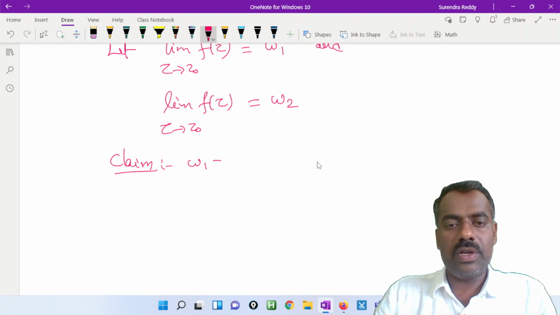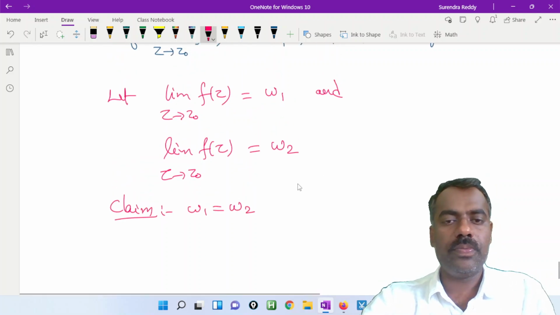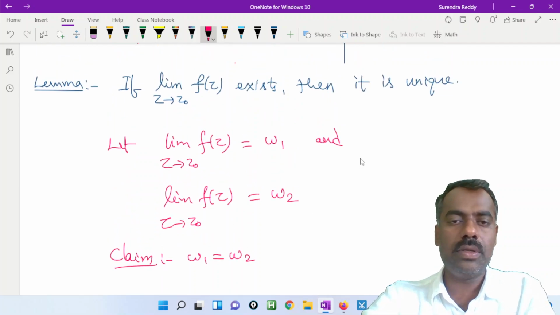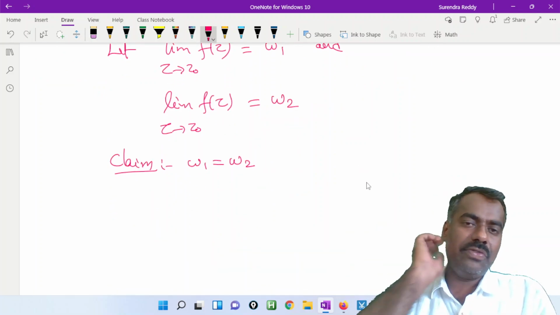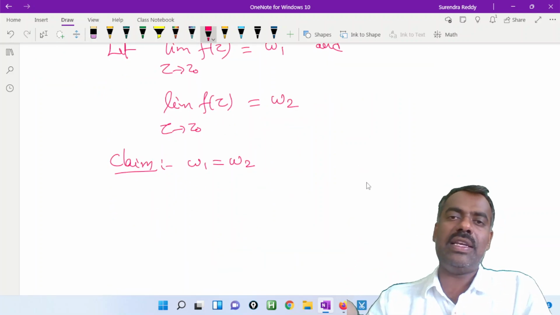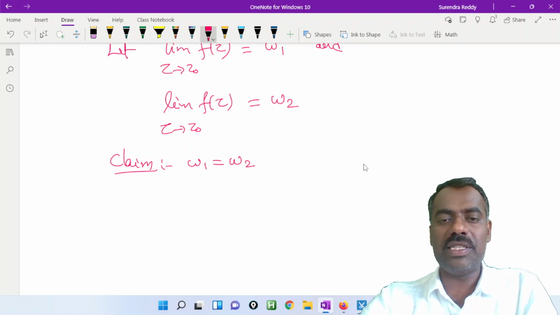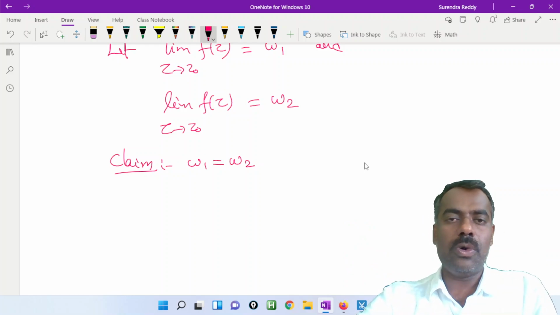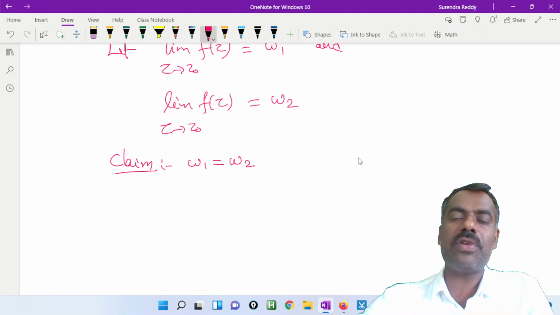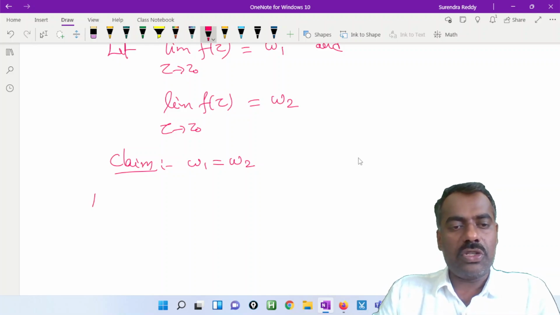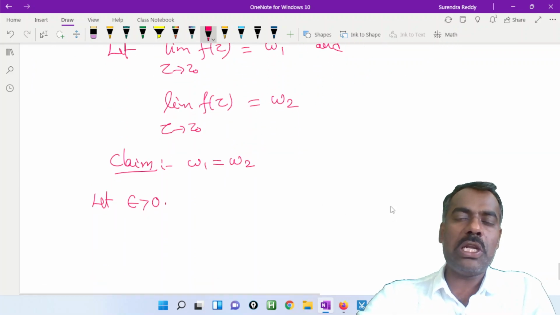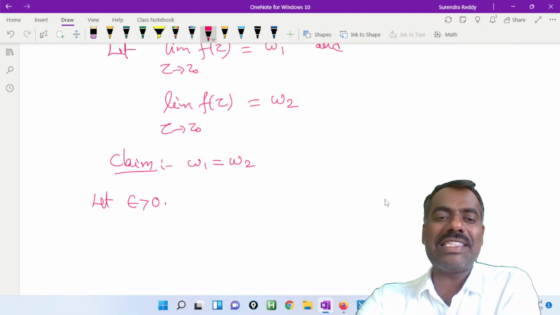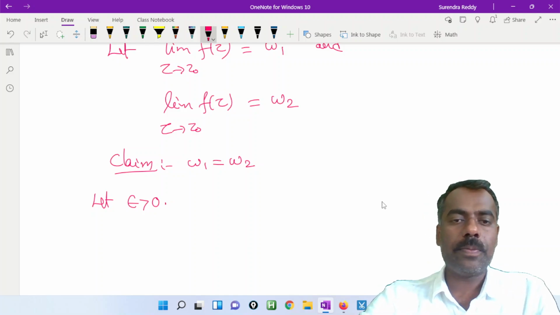Then the limit is unique. As in the real case, to show two numbers are equal, show that their difference mod of x minus y is less than epsilon for any epsilon greater than 0. So let epsilon greater than 0 be any arbitrary positive real number. We will show that mod w1 minus w2 is less than epsilon. Then we are done.